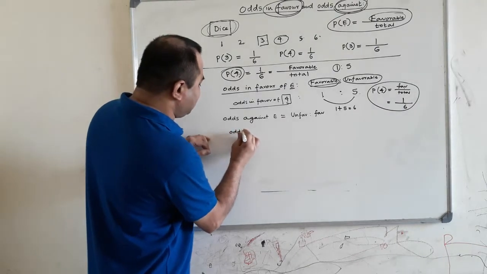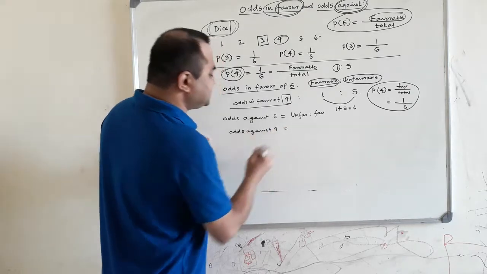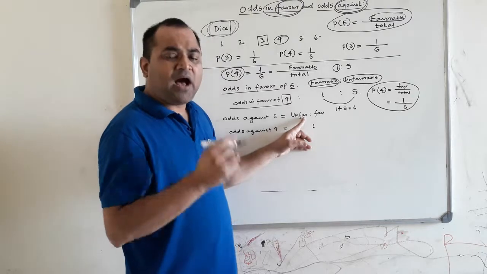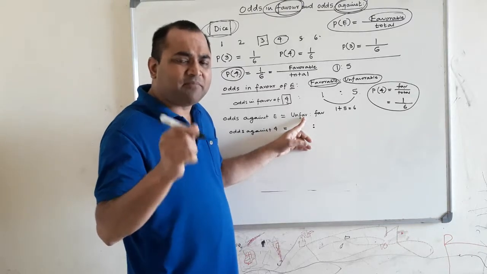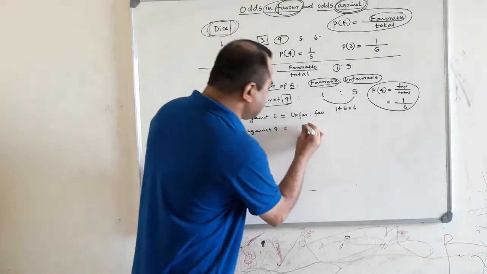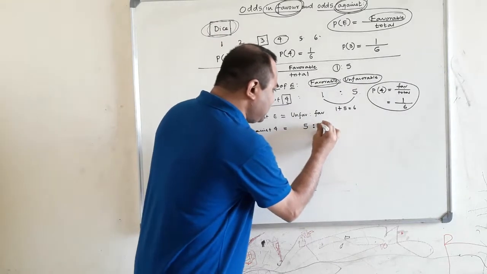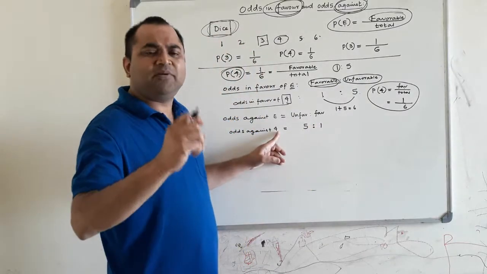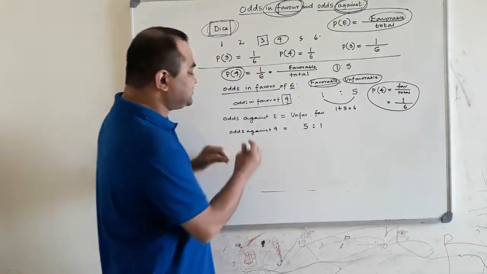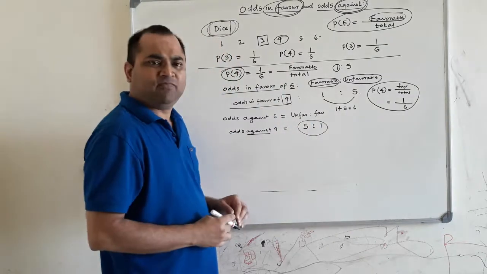Now therefore, let me write odds against 4. So odds against 4 will be the ratio having as the first term the number of outcomes that are unfavorable for the event 4, and they are 5 in number. And the second term of the ratio will contain those outcomes which are favorable for number 4, that is 1 in number. So odds against event 4 when a dice is rolled is 5:1.